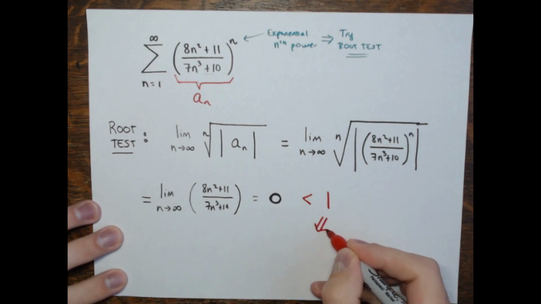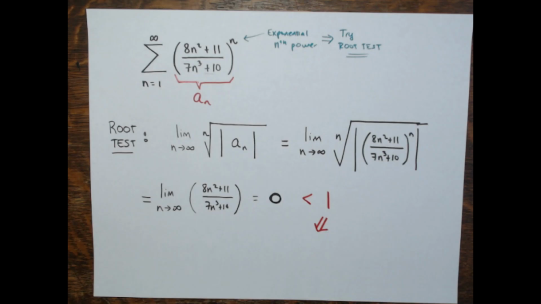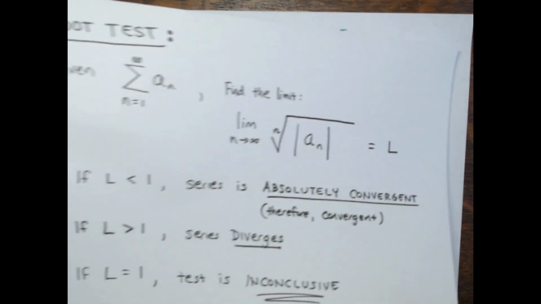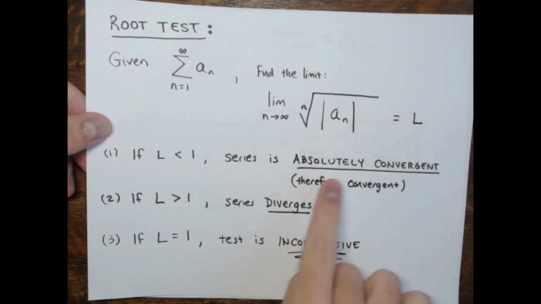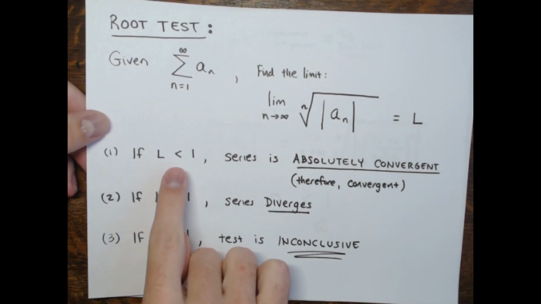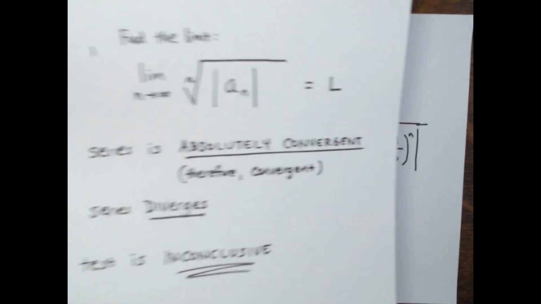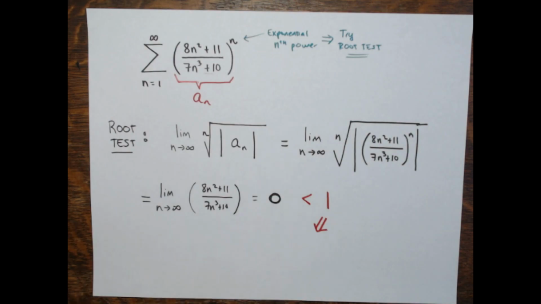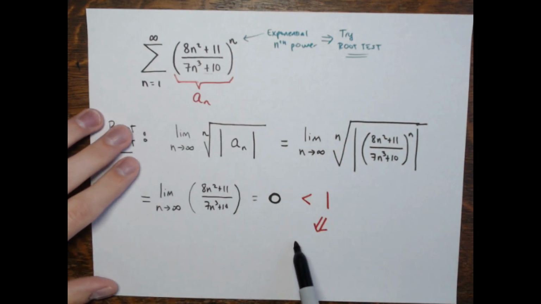So by this, remember the root test here. If I take this limit and it's less than 1, the series will converge. The series will be absolutely convergent, but therefore convergent. So the series converges by this root test.